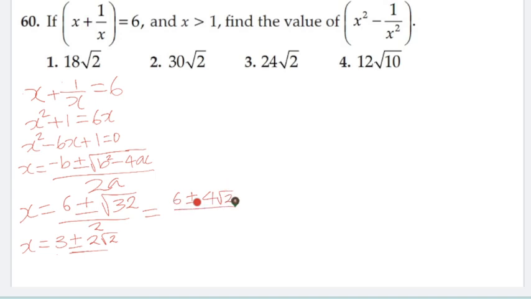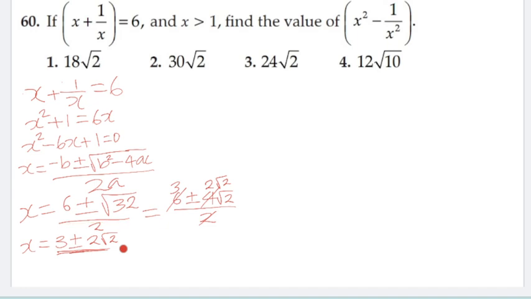Now this 2 can be cancelled from 6, so this will be 3, and here also it can be cancelled, so this will become 2 root 2. So we got 3 plus or minus 2 root 2 as our answer. Now it is given in the question that x is greater than 1.